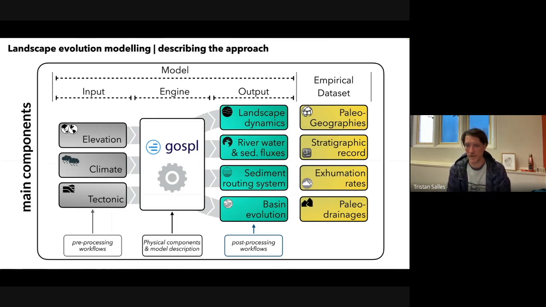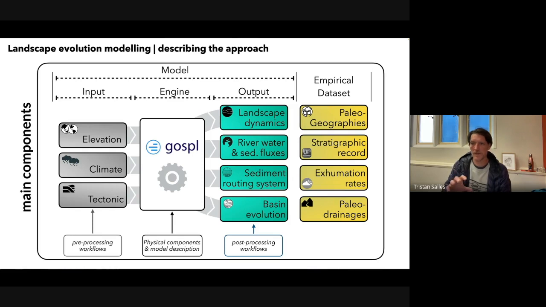We can also look at what is called the sediment routing system. So we can track specific sediments from a specific region and where they will end up. And we are also able to reconstruct the evolution of sedimentary basins, which is critical if you want to compare your model output with data.